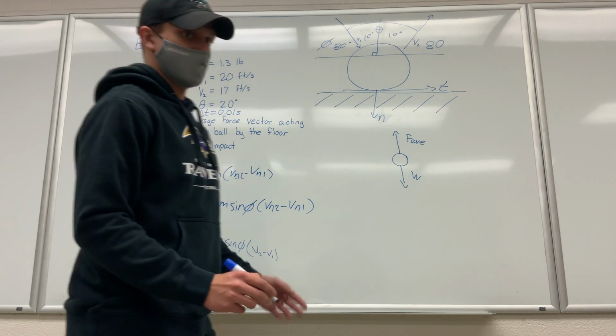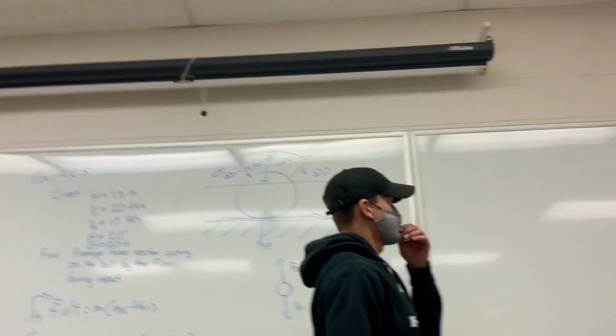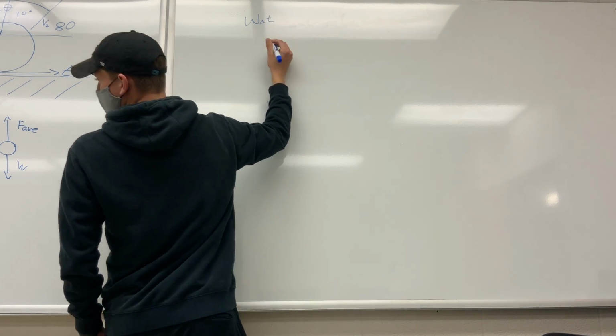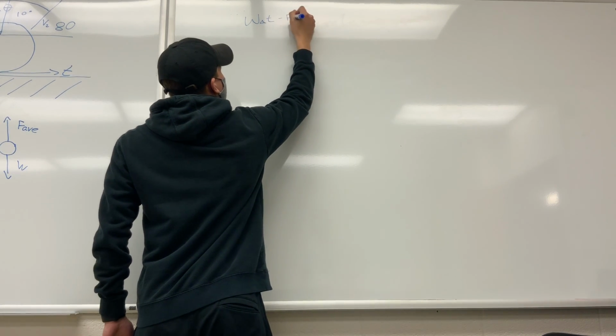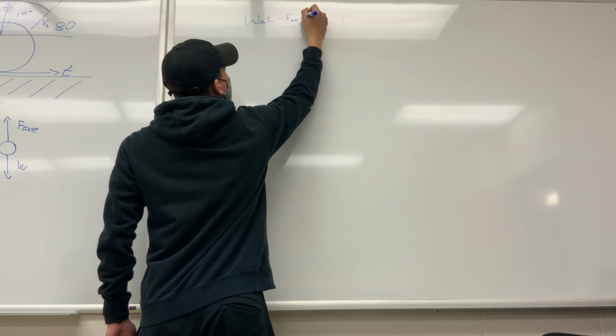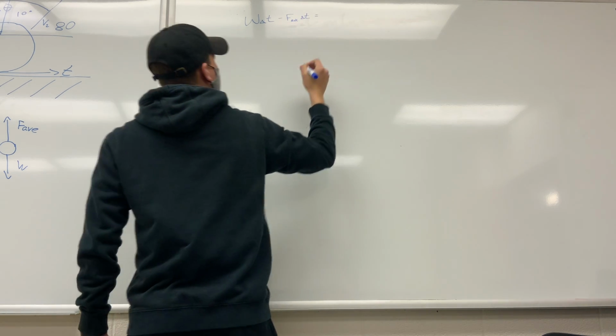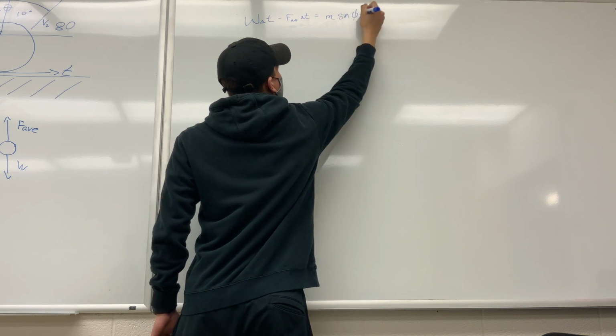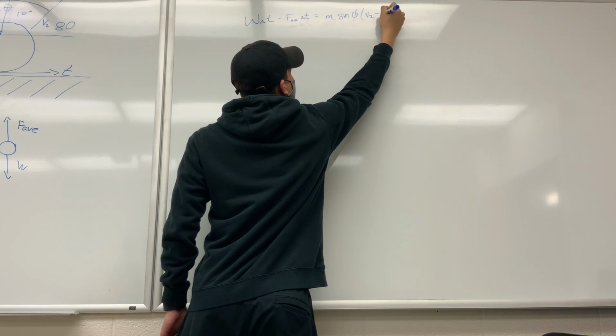I'm going to move over to this next whiteboard because I'm out of room. So I'll rewrite up here on top what I just wrote over there: minus the force average delta t equals the mass, sine of phi times v2 minus v1.